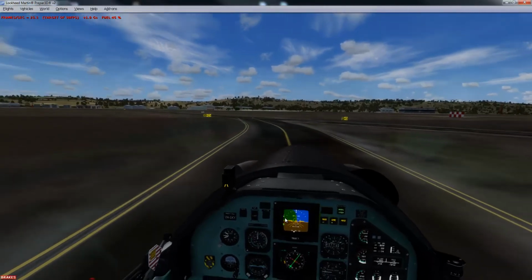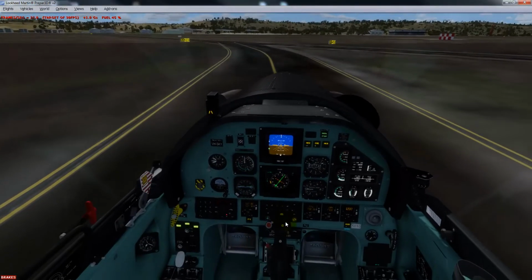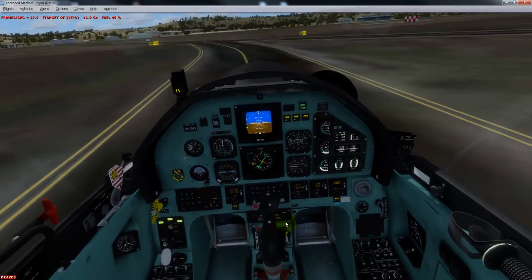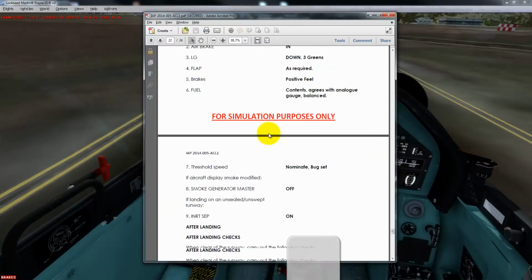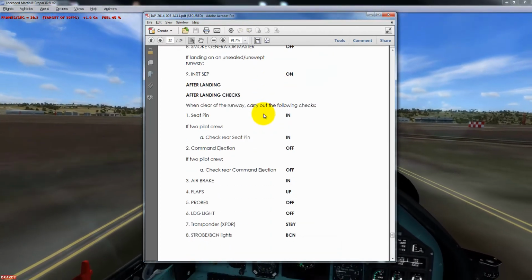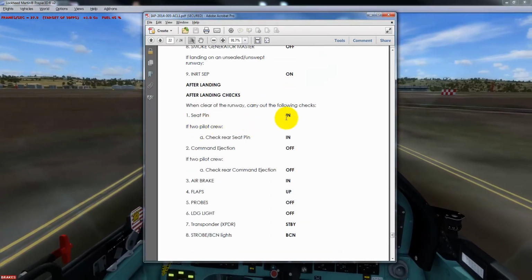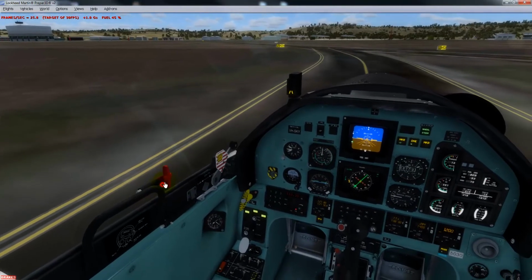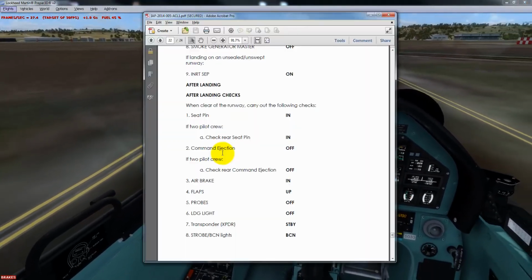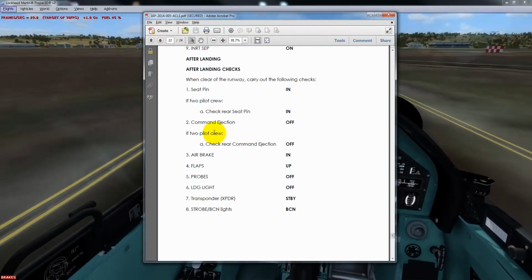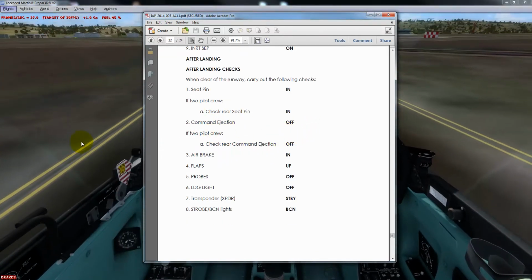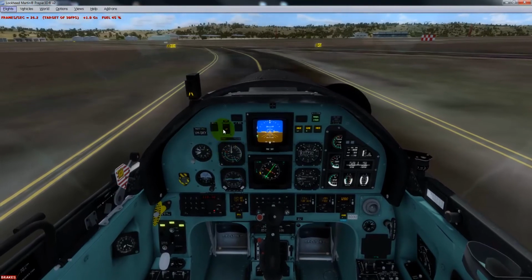Now we clean up our aircraft, make certain that everything's right, and we can take a look at the post-landing checklist. So after landing, we want to put our seat pin in. We don't have to worry about the command ejection. Our air brake is in, our flaps are up.